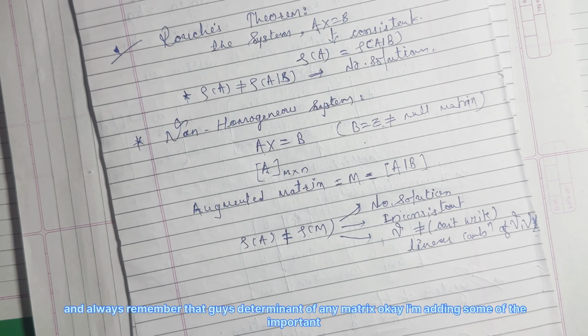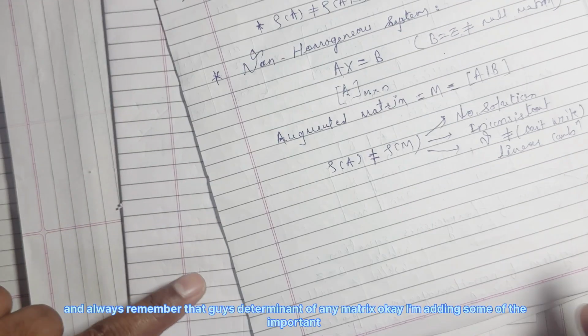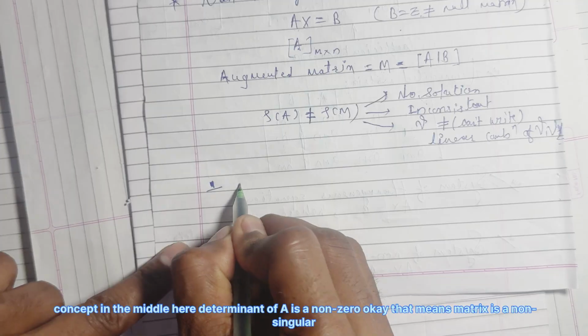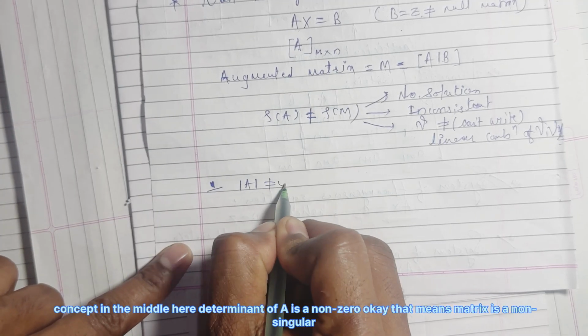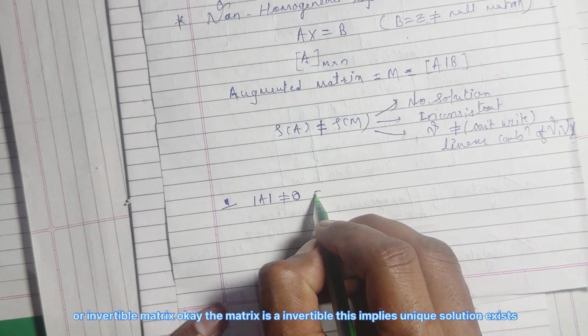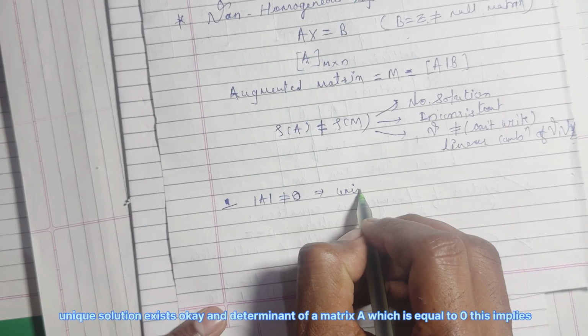Okay, yes. And always remember, guys, the determinant of any matrix. I'm adding some important concepts in the middle here. Determinant of A is non-zero, that means the matrix is non-singular or invertible. The matrix is invertible. This implies a unique solution exists.